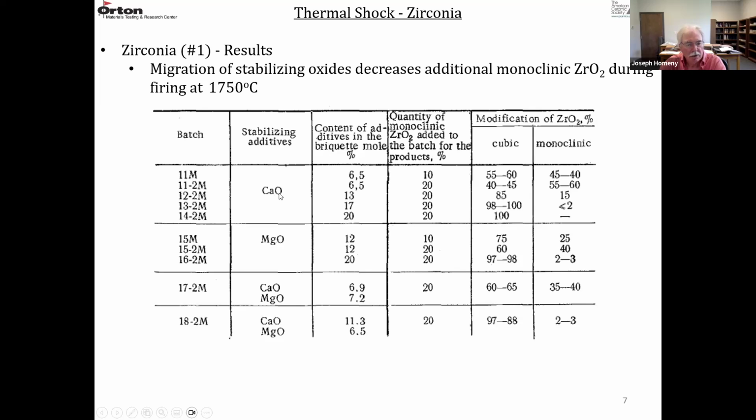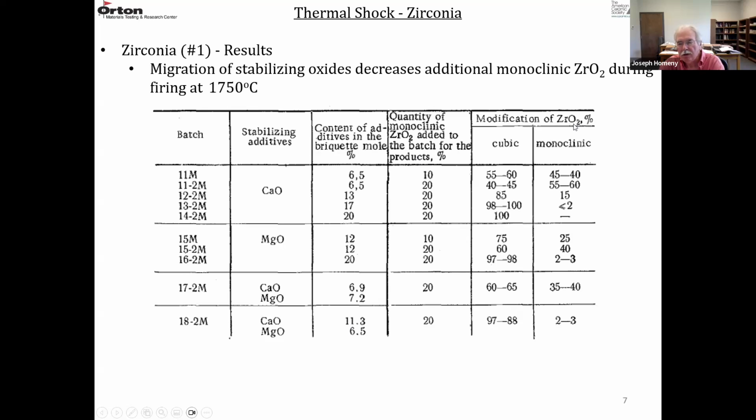So 11 through 14, again, were lime stabilized, 15 through 16 were MgO stabilized, and then 17 and 18 were a combination of lime and magnesia. This, again, is the content of the additives in the briquette form, same as before, and now there's a 10 or 20% addition of monoclinic zirconia.